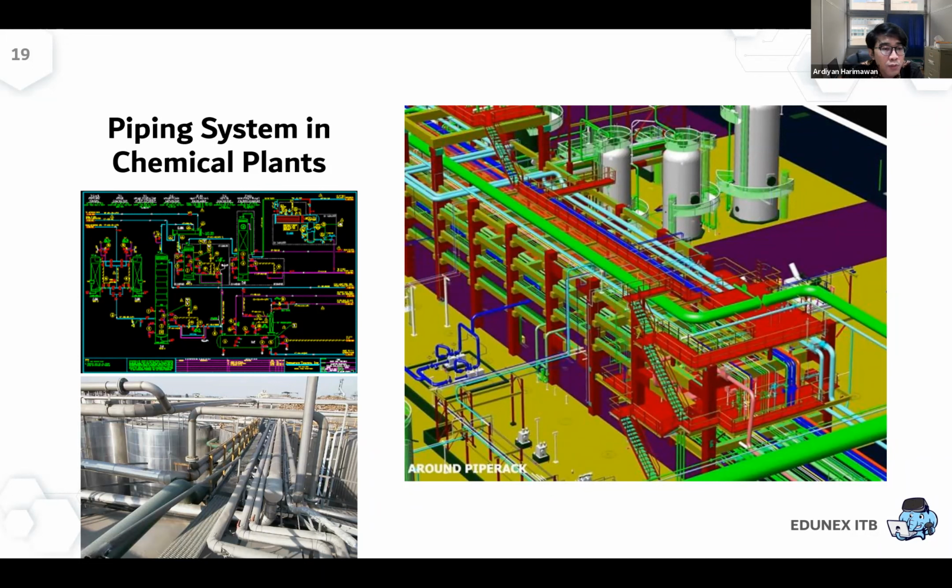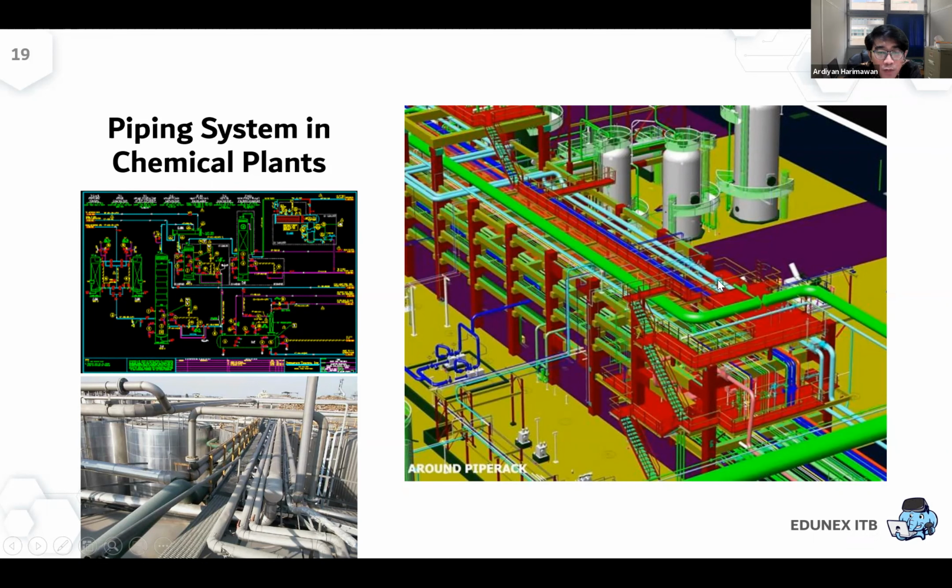You cannot find only one single pipeline running horizontally from one end to another. It will be very complex with a lot of joints, a lot of elbows, a lot of turns. You may also find valves, tanks, etc. And to deliver the fluid from one place to another, it's through the piping system.